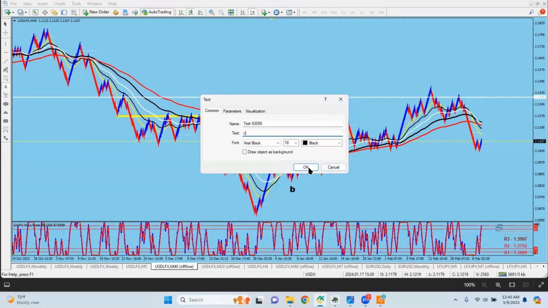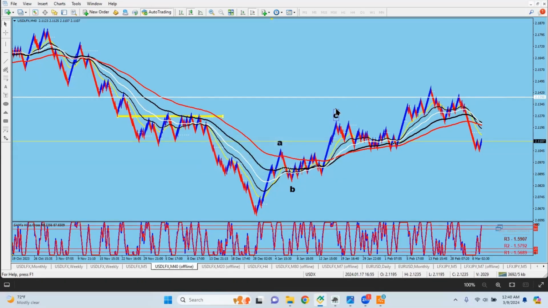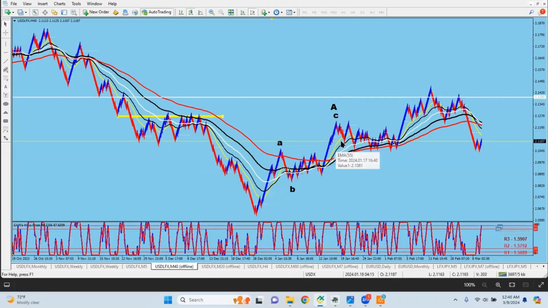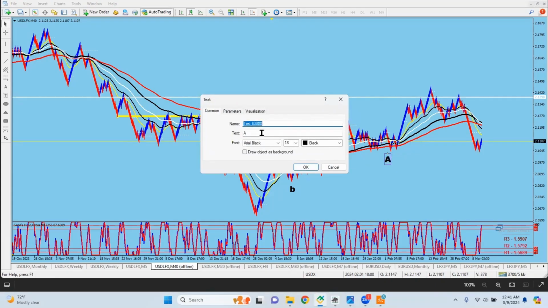Now this is an ABC correction because it's not even 100%, so it's definitely wave C. So what happened here is that this is ABC, that's A. I would post a capital A. Now this is capital B. Sideways is the B, pretty big, right?